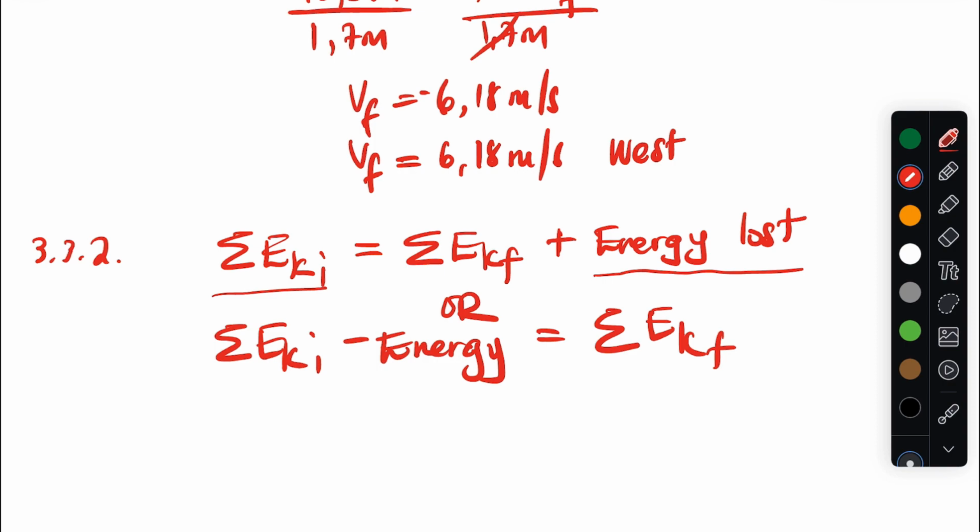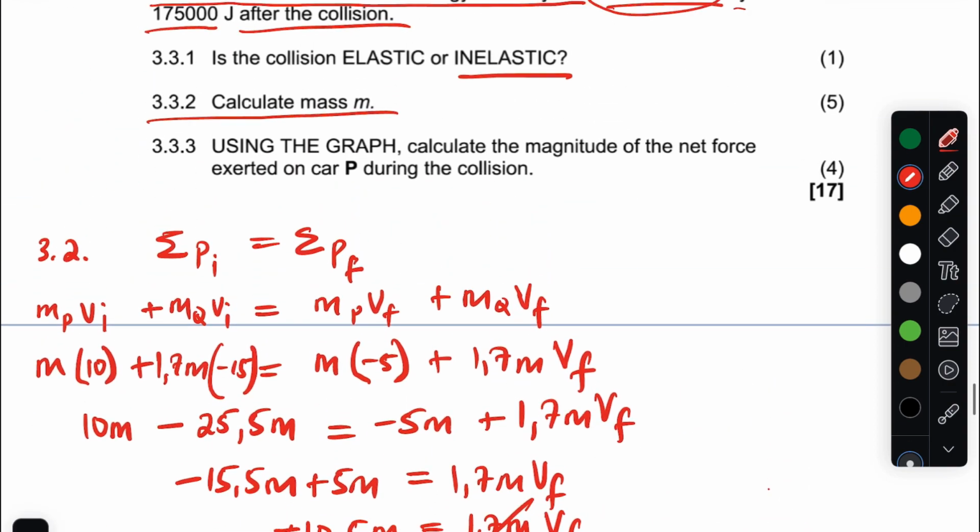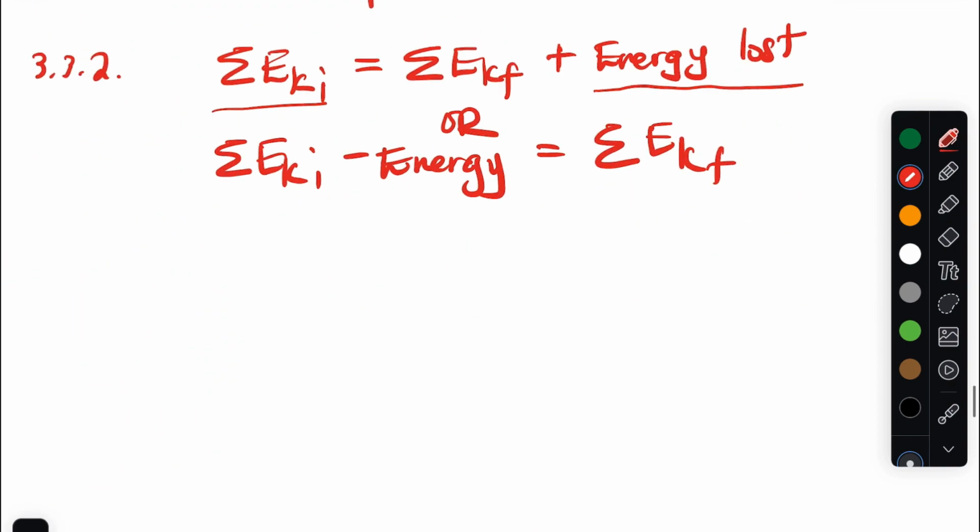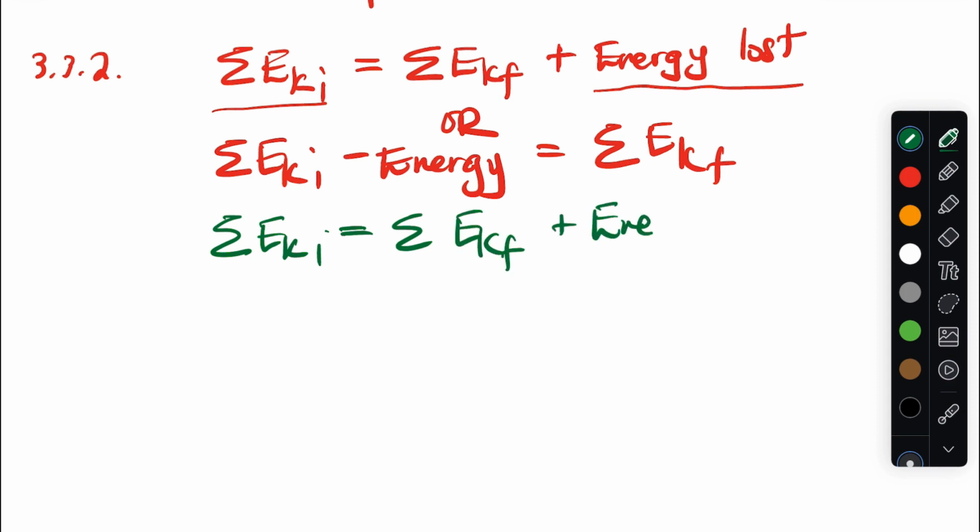The mass of what is the question? It says calculate the mass m. So I will use the first one. I'll say the total kinetic energy before is equal to the total kinetic energy after plus energy lost.